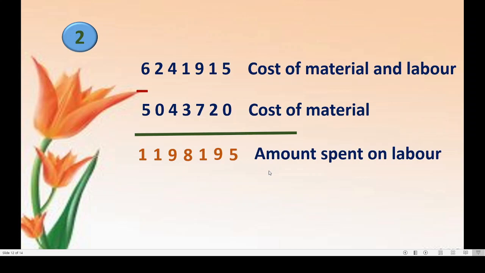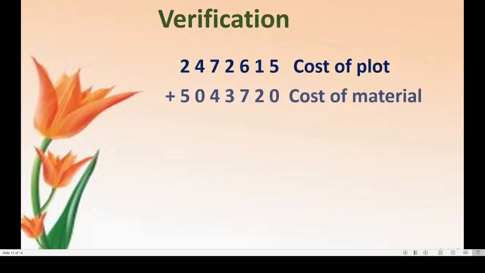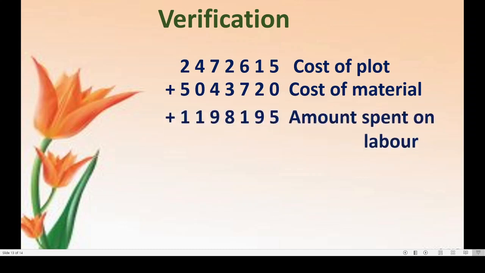Yes, dear children, if you want to verify whether your answer is right or wrong, got this? Then we have to follow this third step, that is verification. If you practice this, then you will be thorough with your answer. What we have to do?